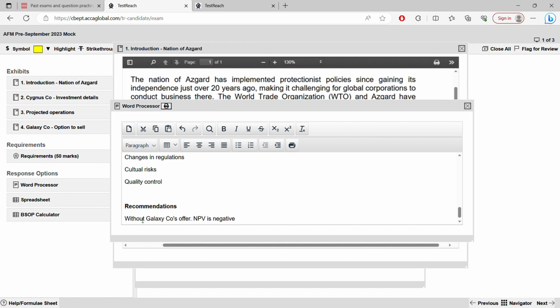Without the offer, it is negative. So it was recommended not to go ahead with the project. So without this offer, NPV was negative. It was recommended not to go ahead with the project.